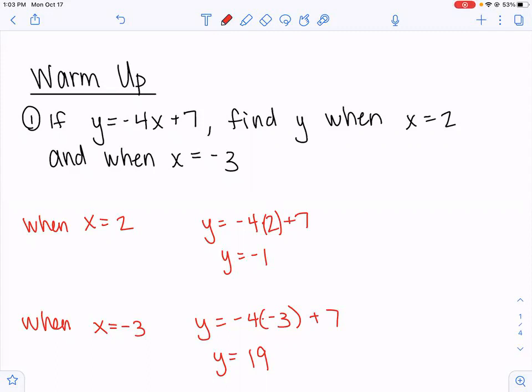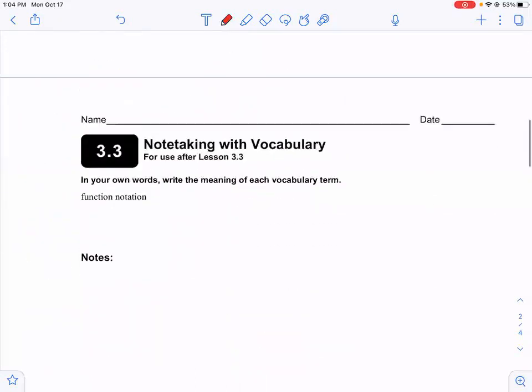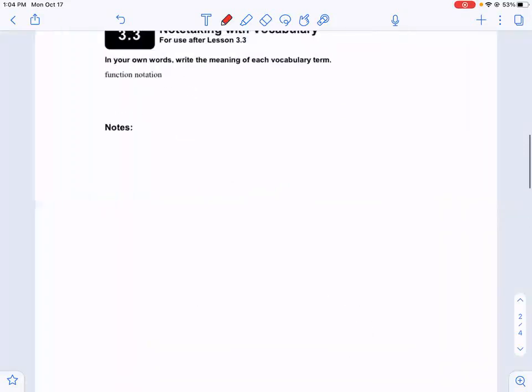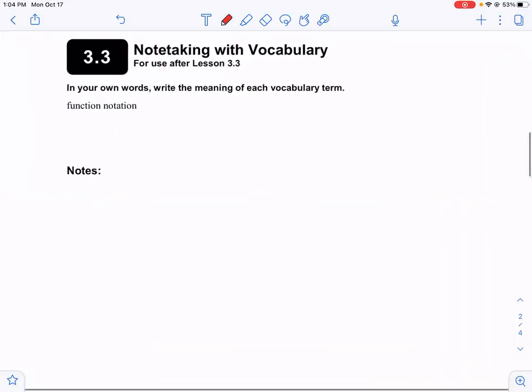The only thing different is our notation's just going to look a little different. That's what we're going to get used to today and tomorrow. Okay. So let's do it. Go ahead and turn in your journals to page 71.